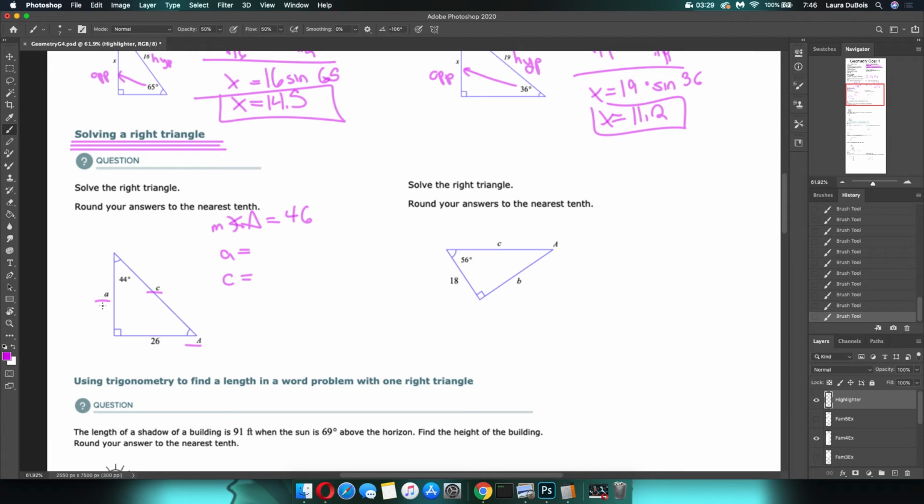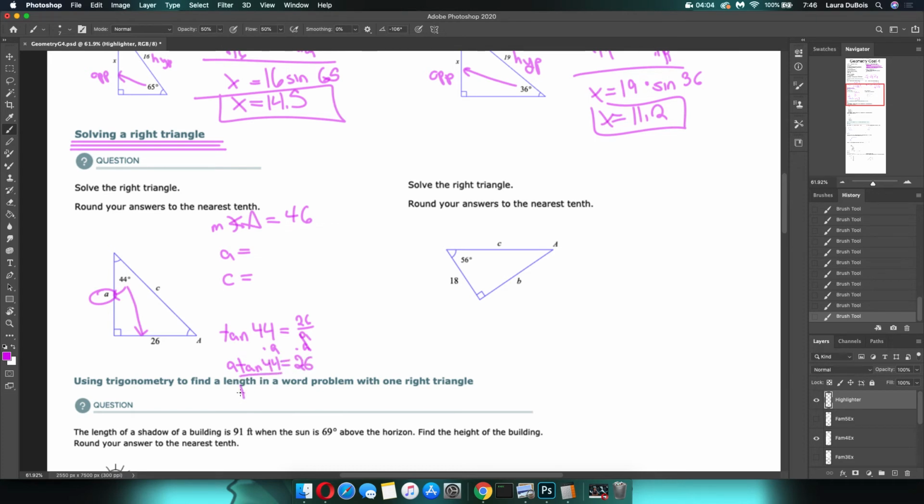Next up, how do we find little a? Well, let's erase all this extra bits here. We have the a, that's the unknown, and oh look, we have an opposite and a is adjacent. So what does that mean? It's exactly like this topic up here. You're going to have opposite and adjacent, so that's tangent of 44 equals opposite over adjacent. So times A times A. So A tan 44 equals 26.